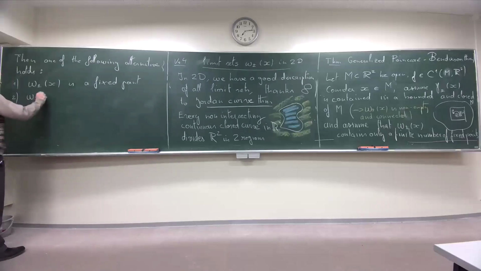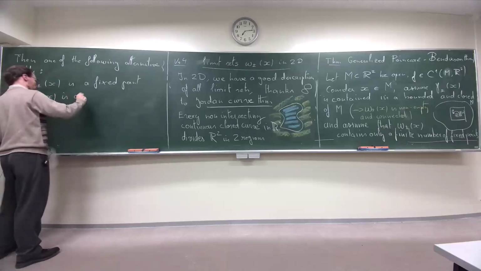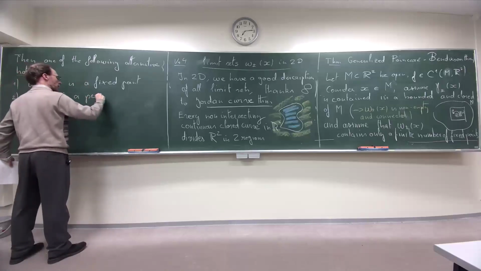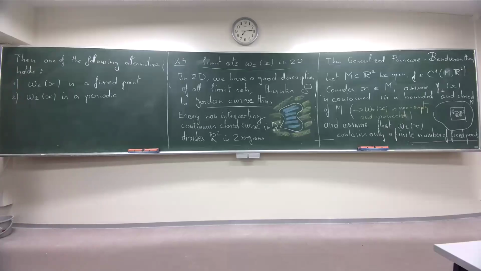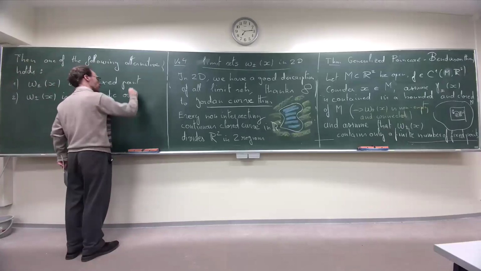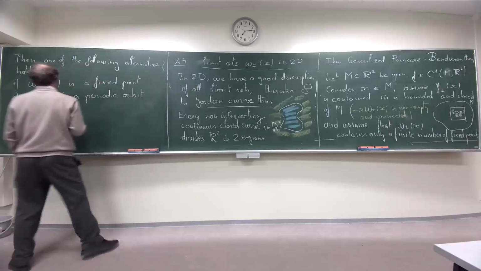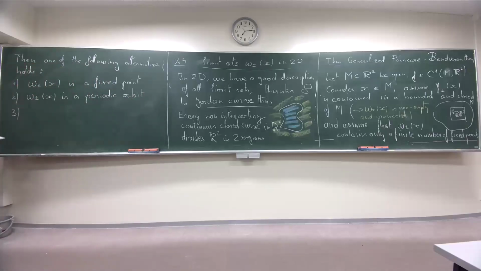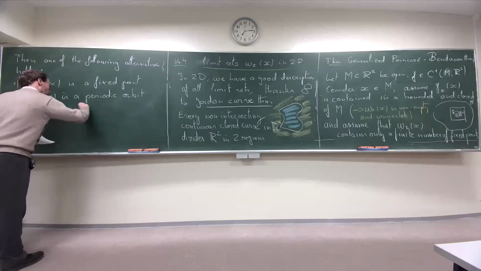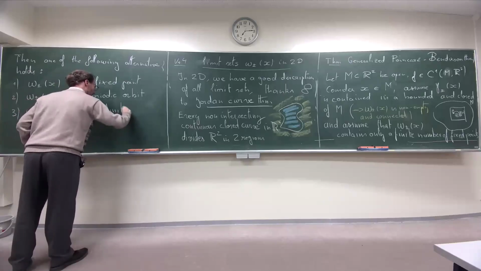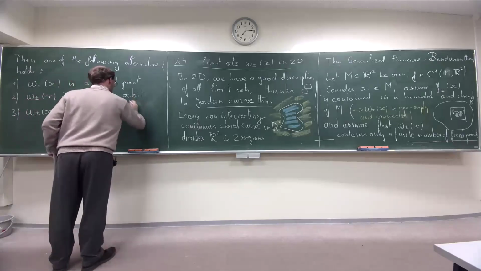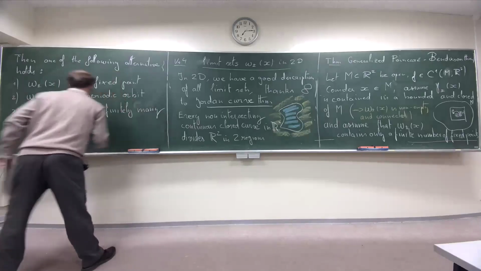Or omega plus or minus of X is a periodic orbit. This is typically the example we have seen before with Yenad. It's a periodic orbit. And there is a third one which we haven't seen yet, but I will represent it, is that omega plus or minus of X consists of finitely many fixed points.